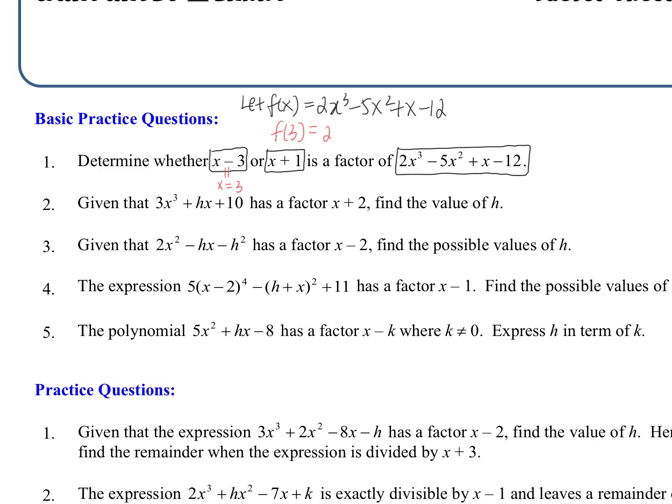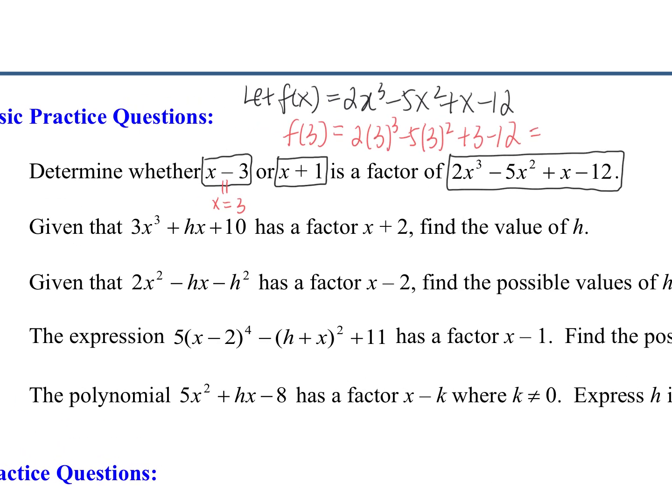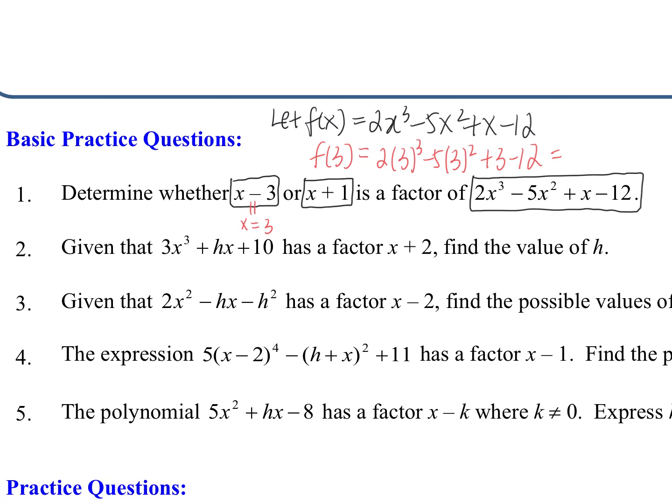So I will sub in x as 3, and then I use the calculator and calculate. Can someone press the calculator and tell me what the value is? Okay, can you key into the calculator and tell me what the value is?